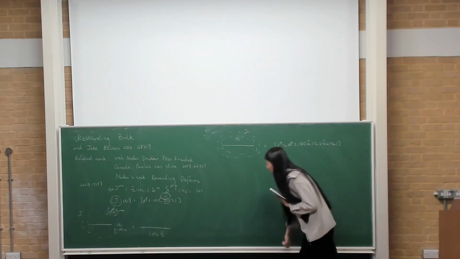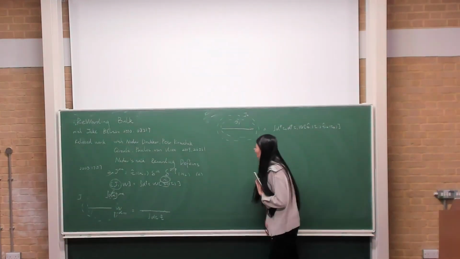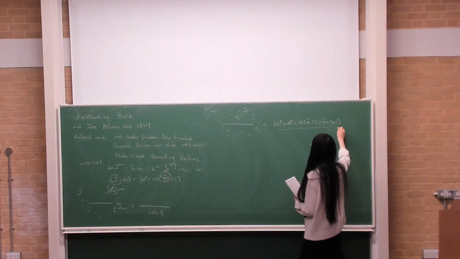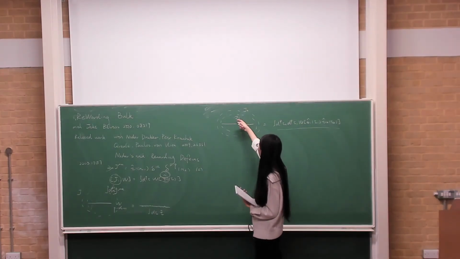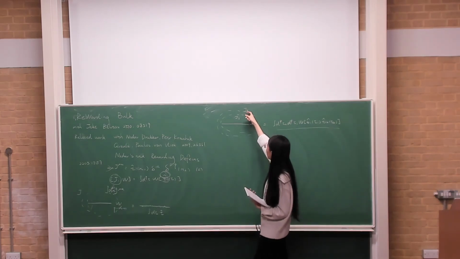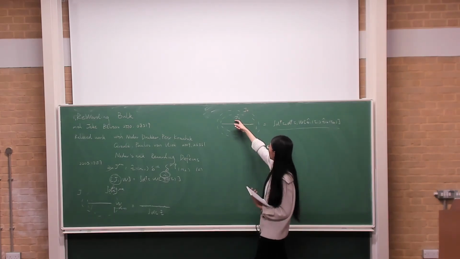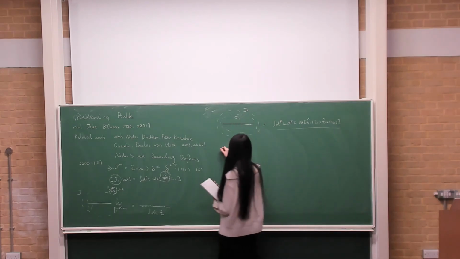But if I write it in this way, it's kind of confusing, because I know that the order, if I first act with J1 and then J2, will be different from first acting with J2 and then J1.